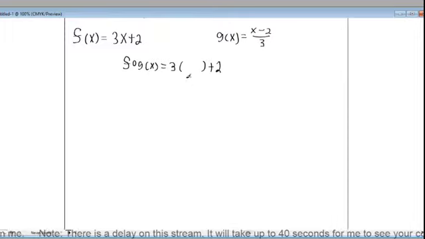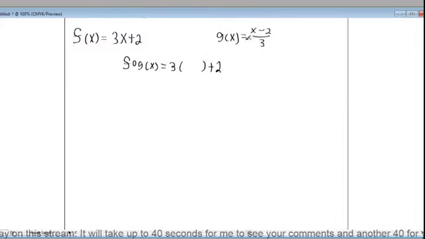So 3x plus 2, here it is. We just open up the x so that we can plug this into it. So g of x, which is x minus 2 over 3, is going to go right here.